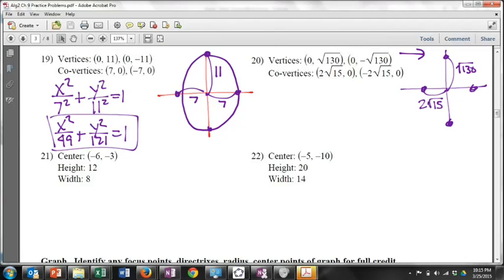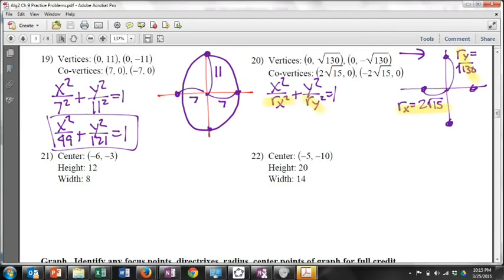So I have my Rx, my radius in the x direction. I have my radius in the y direction. I have x squared over Rx squared plus y squared over Ry squared is equal to 1. So these are the values that I'm going to be plugging into my equation.